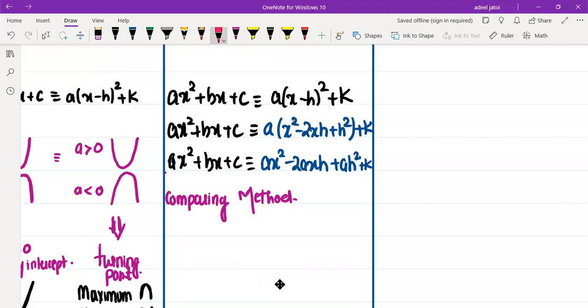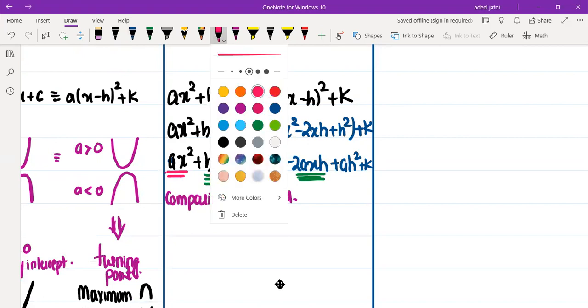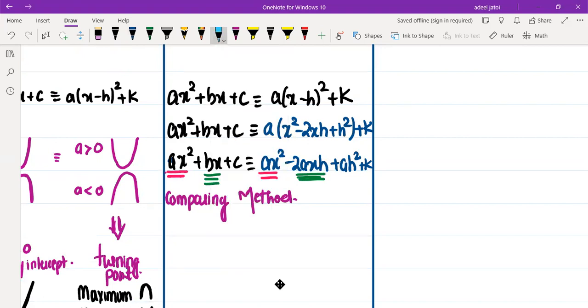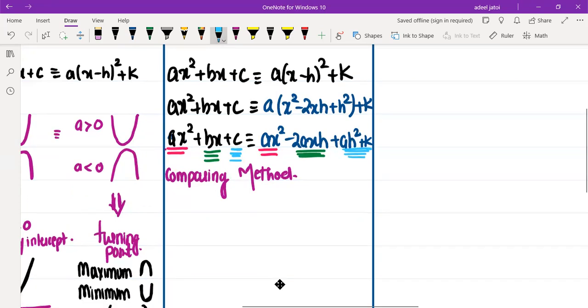we know that ax square is compared to ax square. Then we know that bx can be compared to minus 2axh. And this c can be compared to ah square plus k, because x square will be compared to x square, x will be compared to x, and the constant will be compared to the constant only.